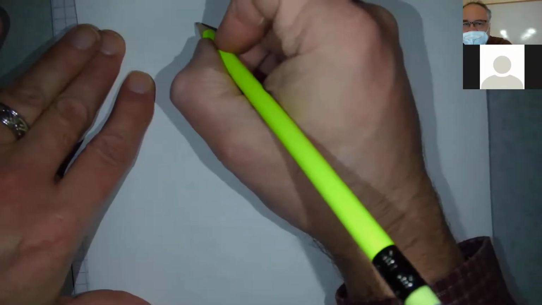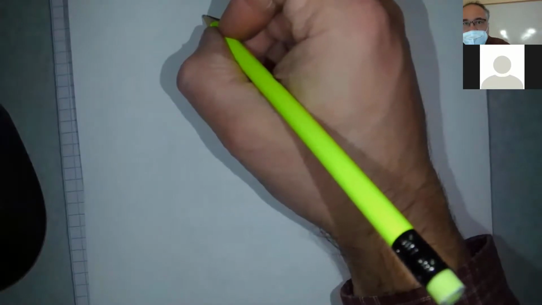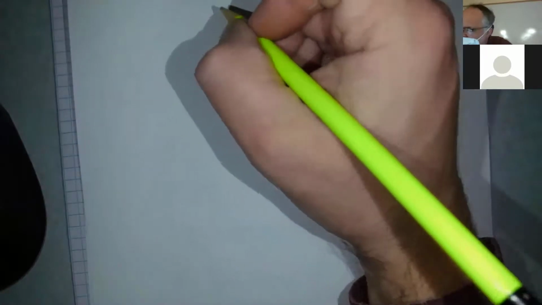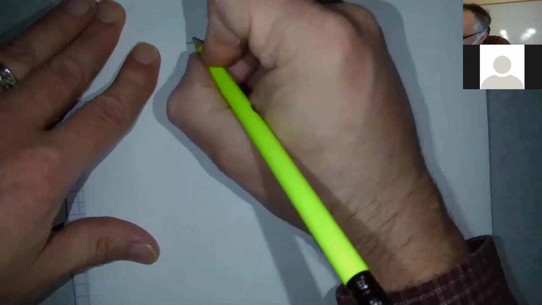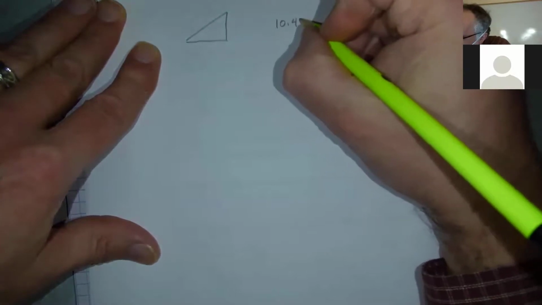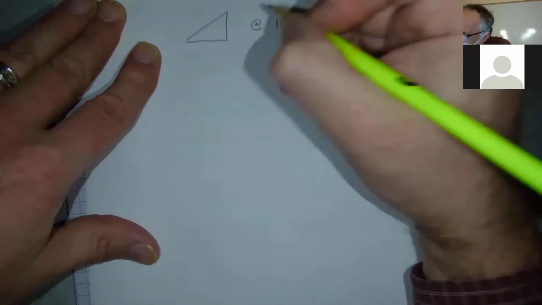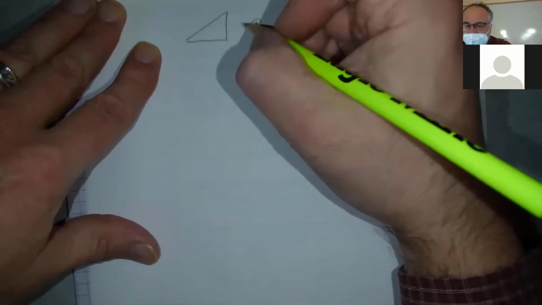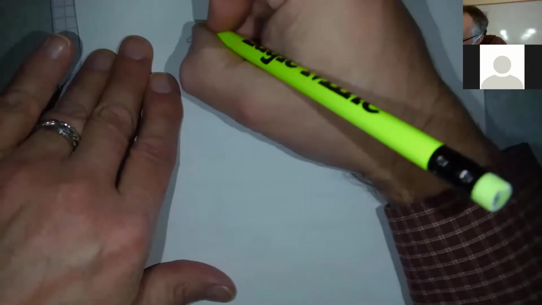So how big is the load? The voltage is 10.45 kV, right? No, I want to do like a power triangle thing. Okay, but this guy here is 57 MVA.